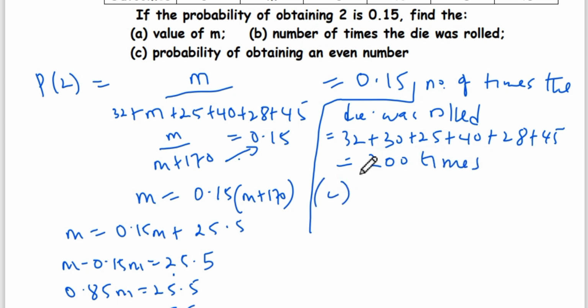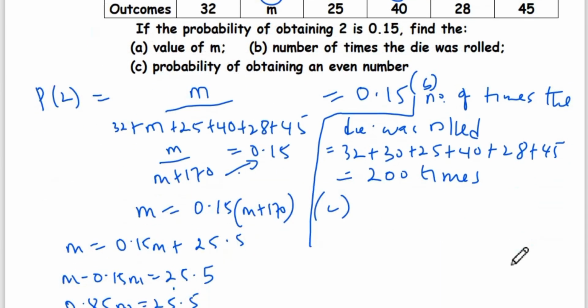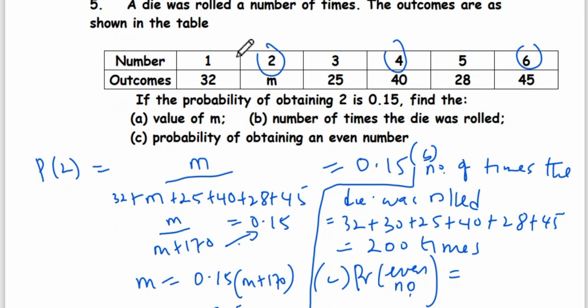Then C. So this is B. Then C: probability of obtaining an even number. The even numbers here are 2, 4, and 6. So the probability of obtaining an even number will be the outcome of 2 is 30, plus the outcome of 4 is 40, plus the outcome of 6 is 45, divided by the total number of outcomes, that's 200.